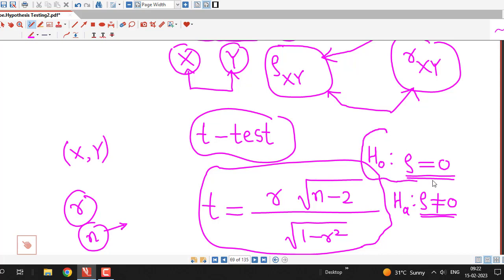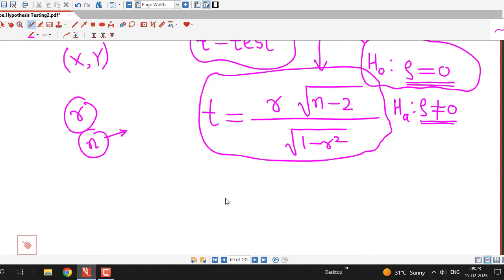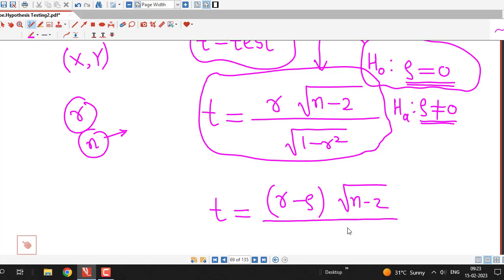If we assume that the null hypothesis is correct, then the formula for the test statistic is given by this. In general, the formula for the test statistic is R minus rho, times the square root of n minus 2, divided by the square root of 1 minus R square. But if we assume the null hypothesis is true, we put rho equal to 0 and obtain this formula for the test statistic.